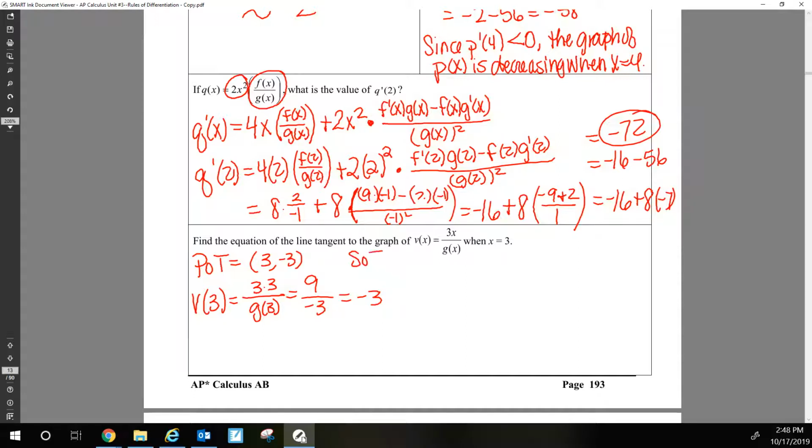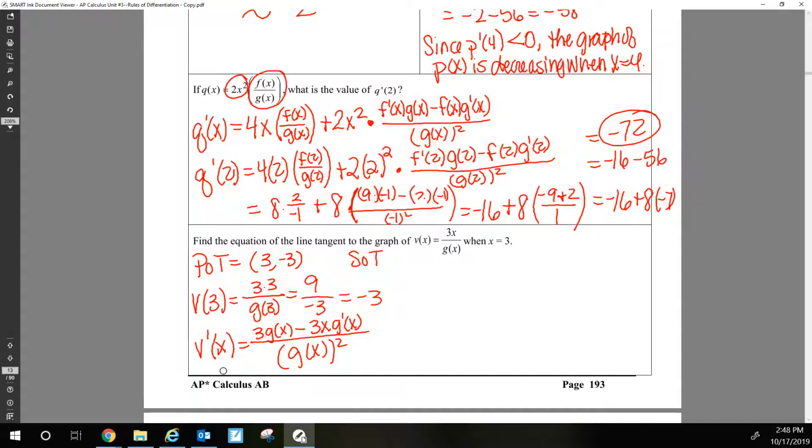Then we need to find the slope of the tangent line, so we need to find the derivative of v at 3. But first we're going to find the derivative of v at x. So the derivative of 3x is 3 times the bottom minus the top times the derivative of the bottom, all over the bottom squared.